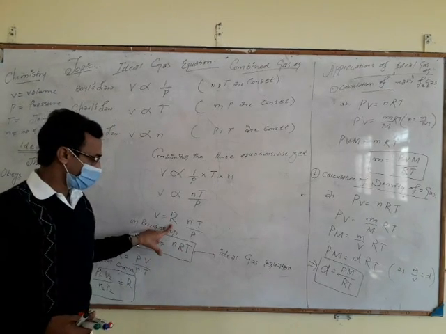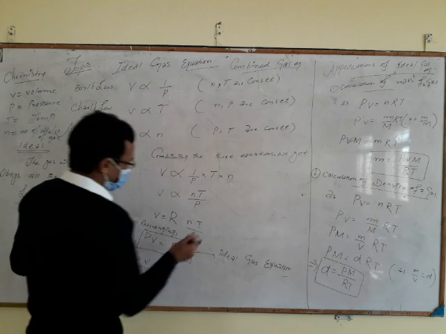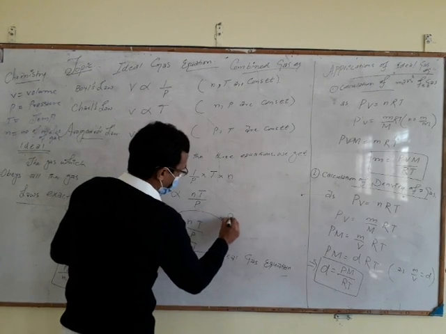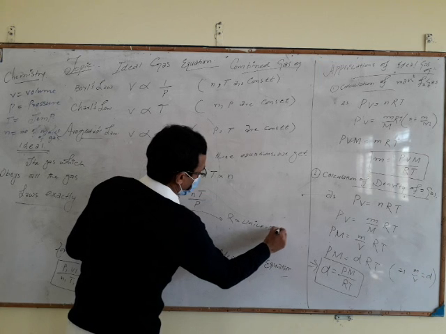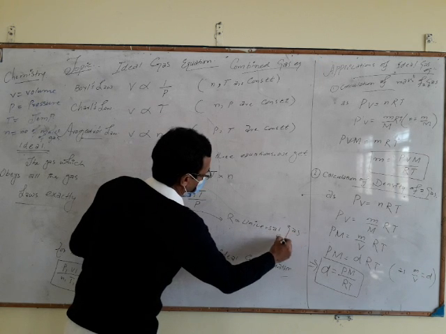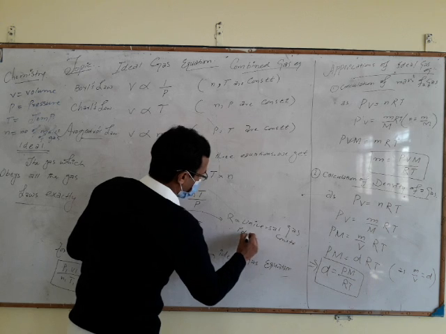Here we introduce a constant R, which is known as the universal gas constant. इसको हम आइडियल गैस कांस्टेंट भी कहते हैं.